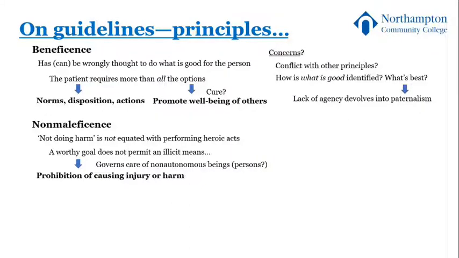But let's say that a person is unconscious and there's no proxy nearby and there's no understanding of what that individual wants. Non-maleficence governs the care of any non-autonomous being, whether that's an individual who is not emancipated yet.